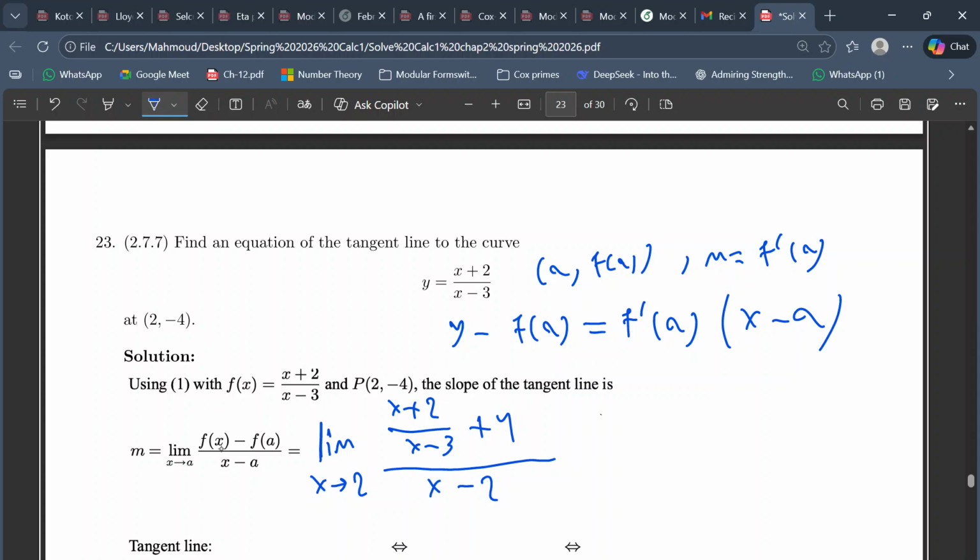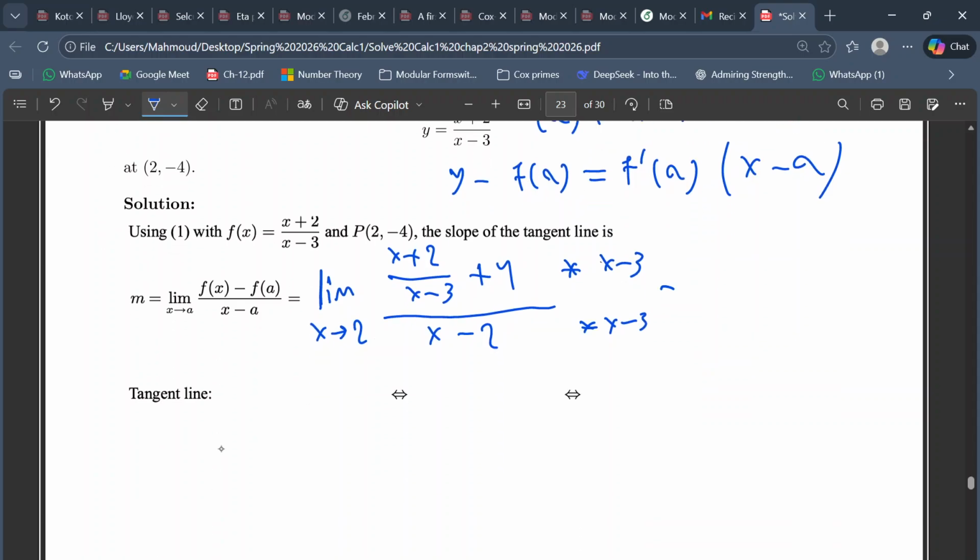What's the next step? So multiply by x minus 3, multiply by x minus 3. So this equals, limit as x goes to 2. What's the result here? x plus 2 plus what? 4 times (x minus 3), over x minus 2.